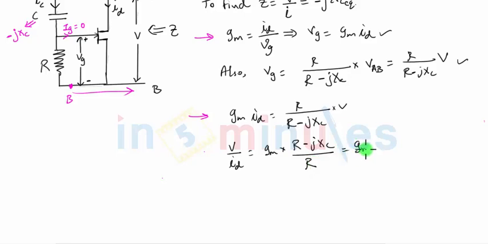This can further be written as GM outside. I'll split the numerator into two parts, R and minus jXC.